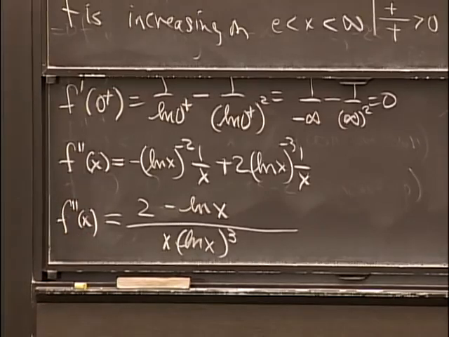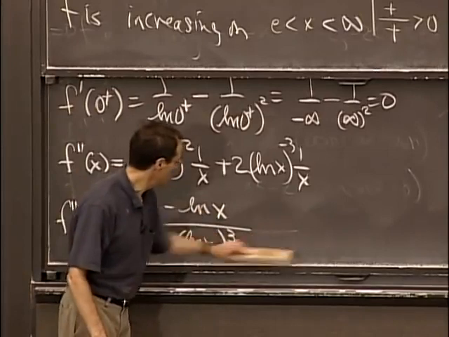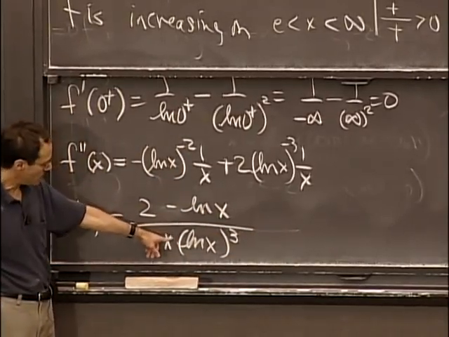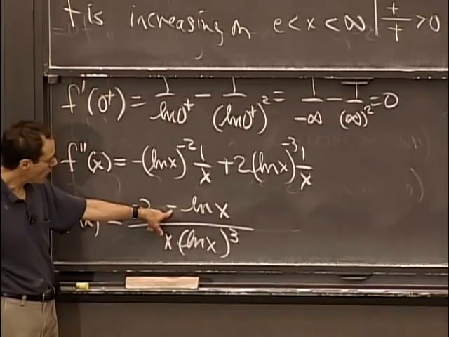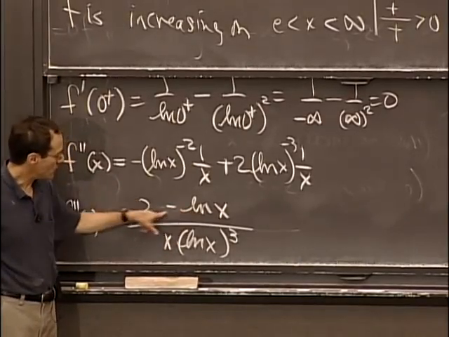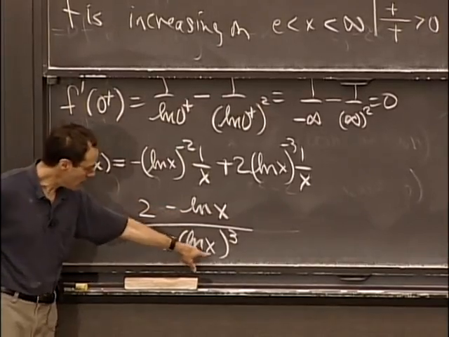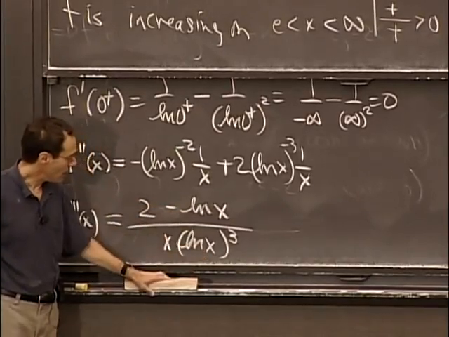as a ratio. Now, to decide the sign, you see there are two places where the sign flips. The numerator crosses when the logarithm is 2, that's going to be when x is e squared. And the denominator flips when x is equal to 1.